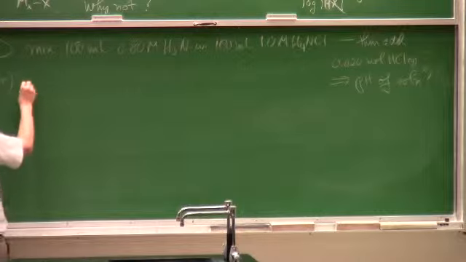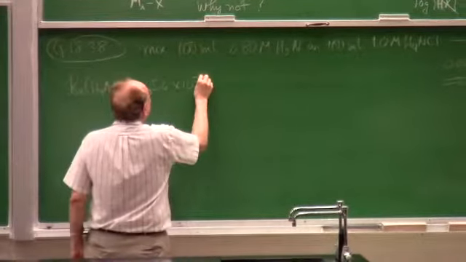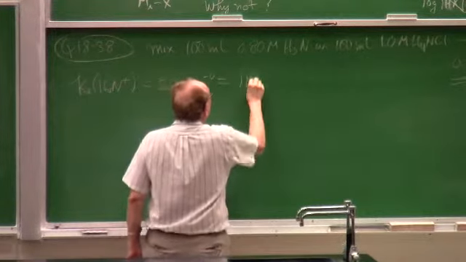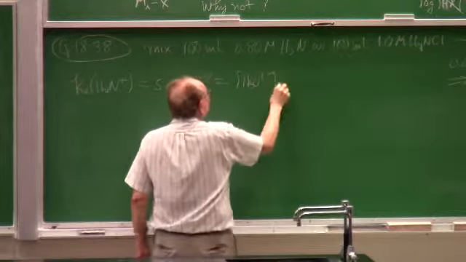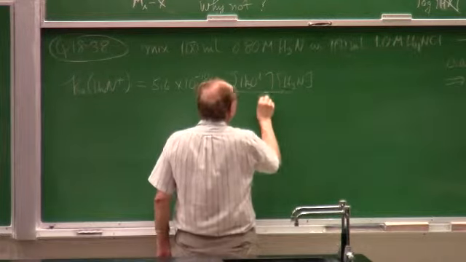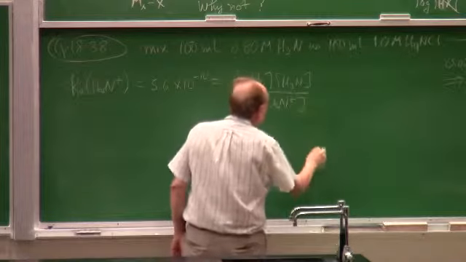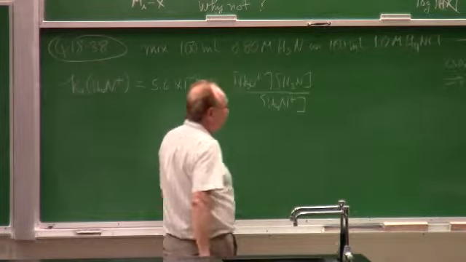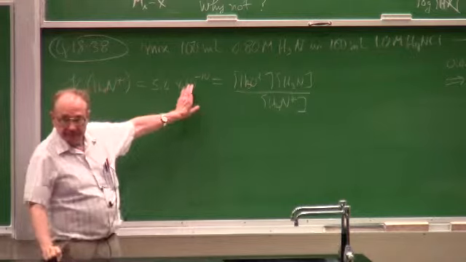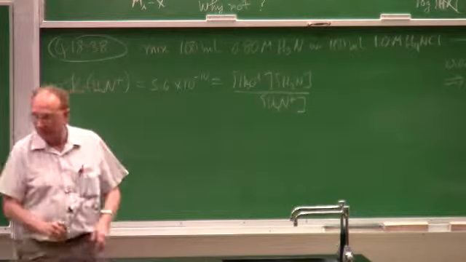So I'm going to write Ka, ammonium ion, is 5.6 times 10 to the minus 10 equals hydronium ion molarity times ammonia molarity divided by ammonium ion molarity. Remember, we have not yet considered adding the HCl gas.